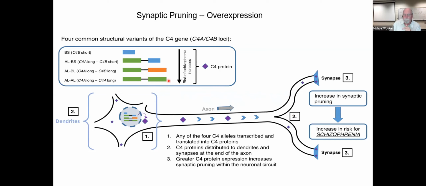Some individuals are affected because of splicing variants, others because of transcriptional variants. But anyway, we get an increased rate of synaptic pruning and increased risk of schizophrenia with over-pruning, overexpression. If you get too much expression of this, and when both are there, you're going to get much more production.